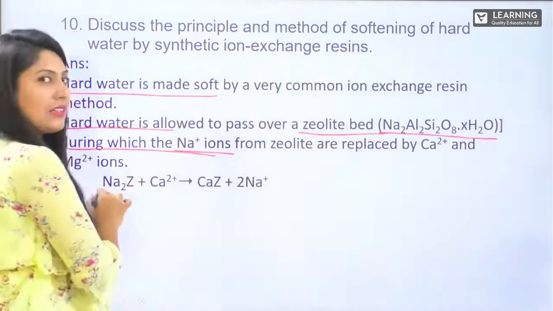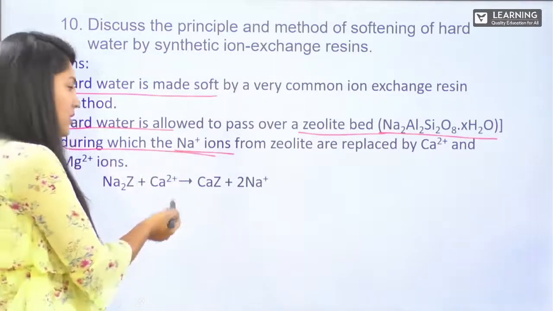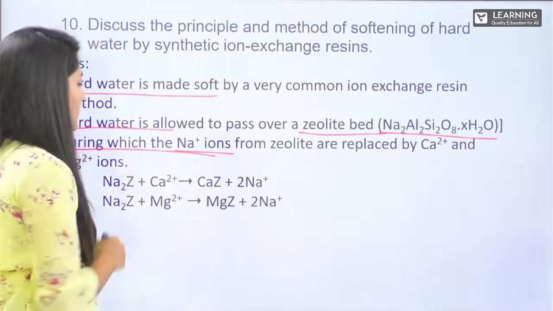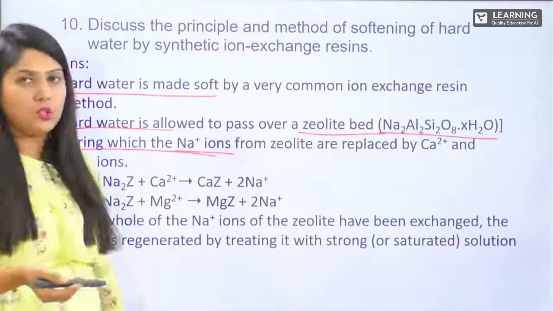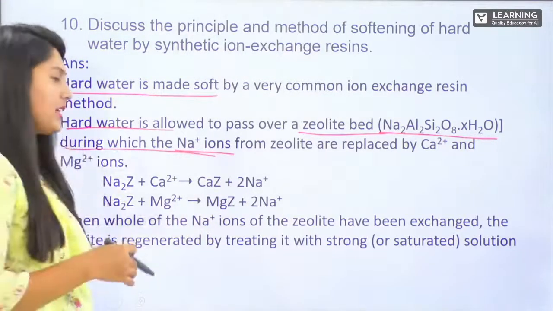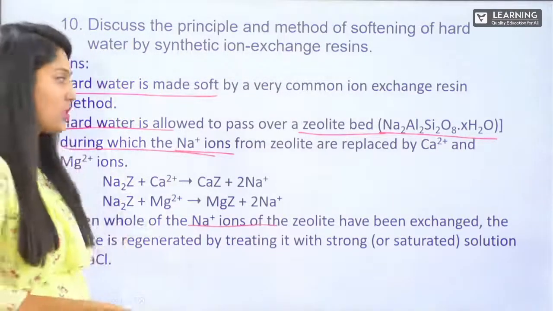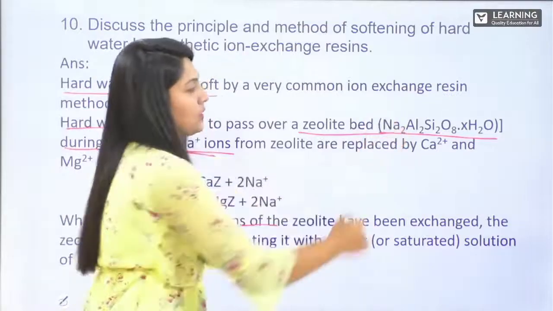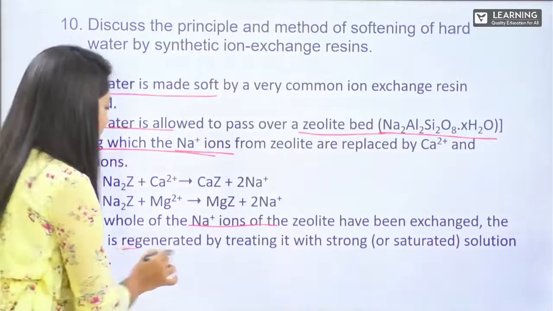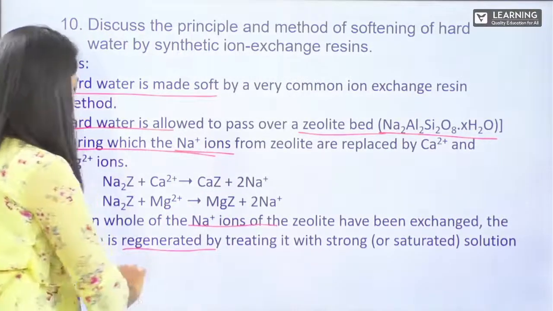So we directly take this as sodium zeolite, which reacts with calcium or magnesium. They displace the sodium, and the calcium and magnesium can be easily removed. When all the sodium ions of the zeolite have been exchanged completely, you can regenerate it by treating with strong NaCl.